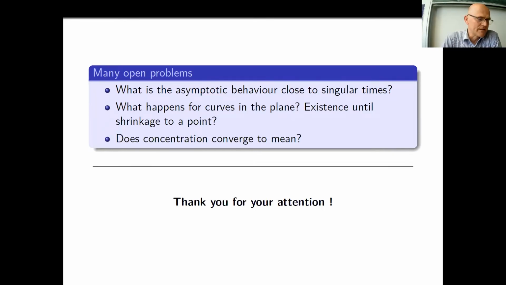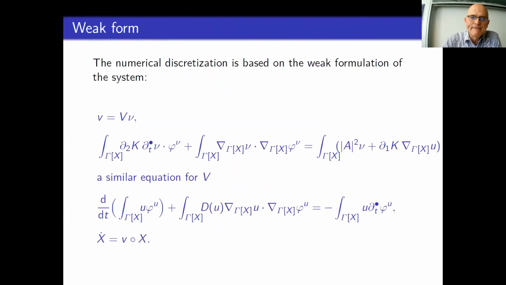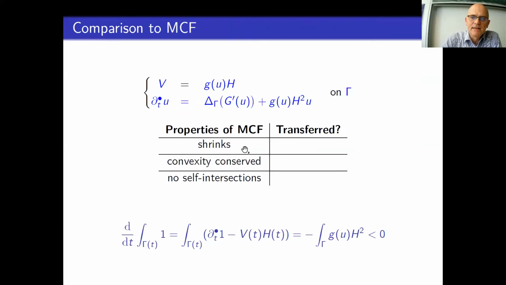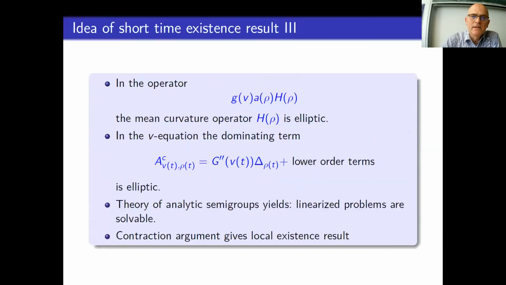This is similar here because we have the Laplacian of G'(U). If we integrate the Laplacian and we have no boundary, the integral of the Laplacian is equal to 0.